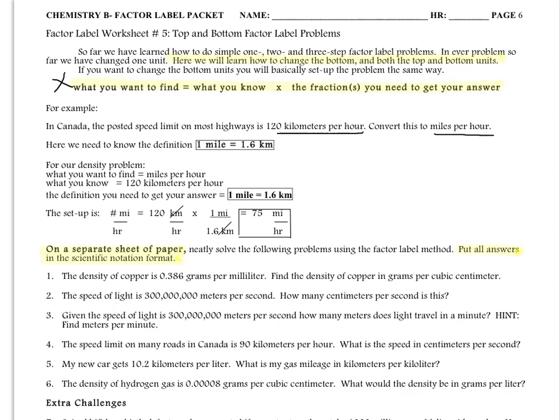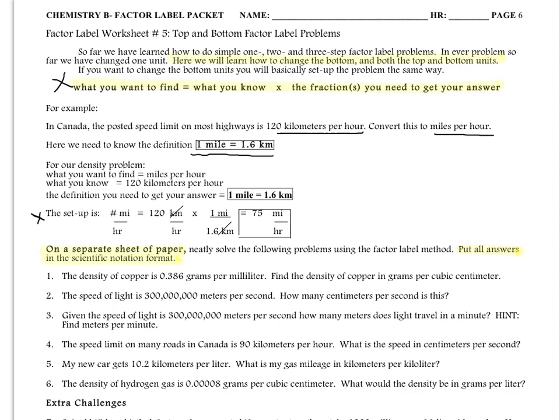Right now, to simplify this problem a little bit, I'm going to give you a conversion that is not in your conversion table. 1 mile is equal to 1.6 kilometers. So we are going to set the problem up over here the way we always do.